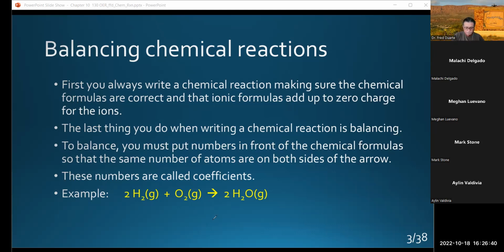Hydrogen gas, and this is where you need to remember all the diatomics. There's only 7 of them, the elements that are diatomics. We need to remember the physical state of some of the elements, whether it be a solid, liquid, or a gas, okay? And so that's a refresher.